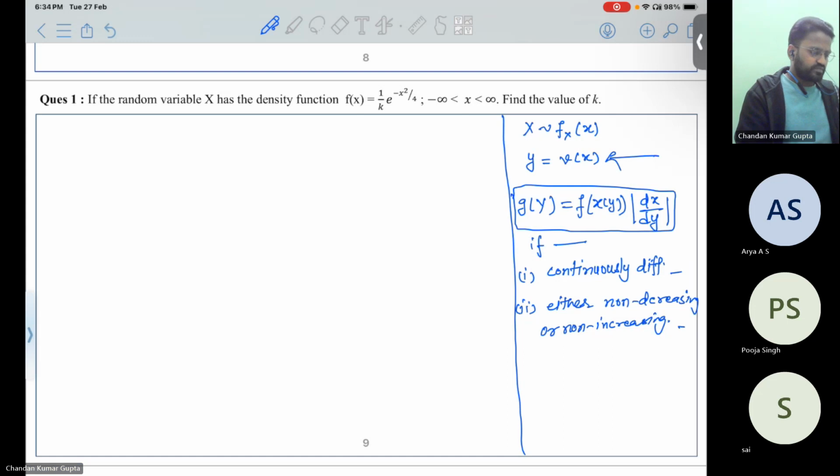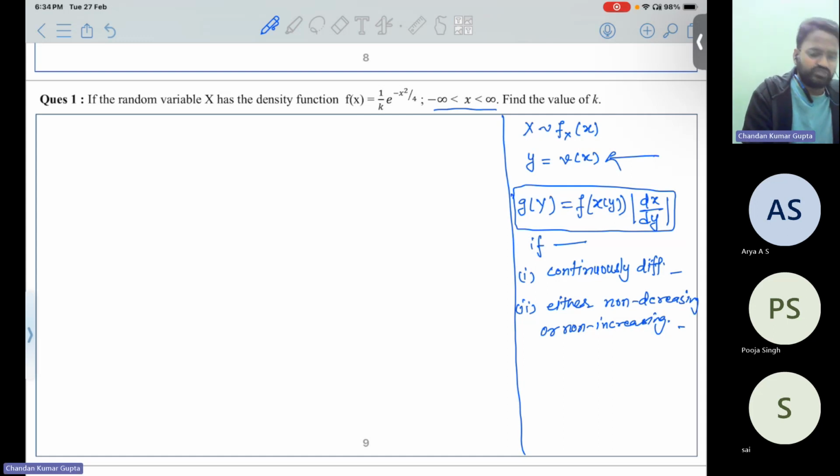Here, question 1 is: if the random variable x has the density function 1 by k e to the power minus x square by 4, with x lying from minus infinity to infinity, we need to find the value of k. One basic approach is to integrate the given PDF, equate it to 1, and then find the value of k.